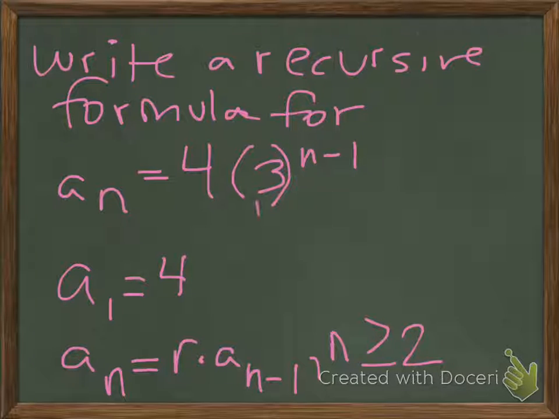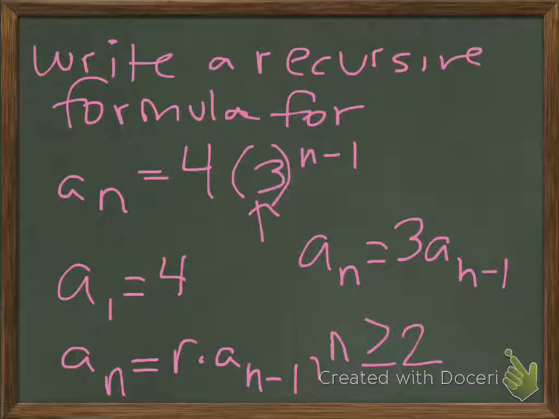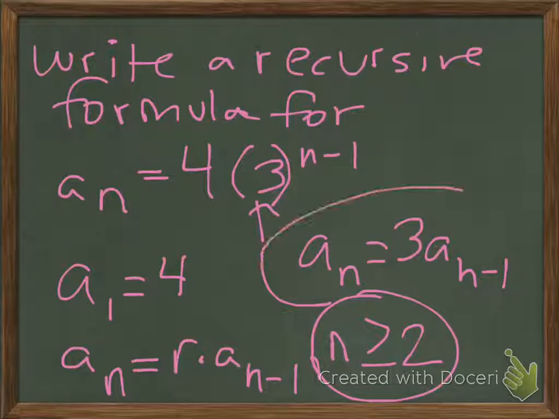We just need to plug in the r, which comes from this part of the formula. So it's 3. So we're going to write this as a sub n equals 3 times a sub n minus 1. And our domain is always the same. N is greater than or equal to 2. So these are the 3 parts that they want us to write.